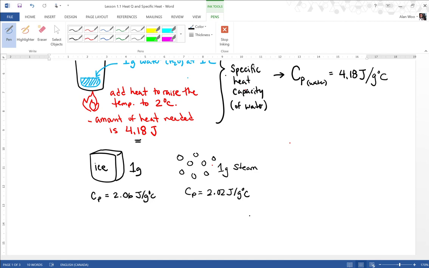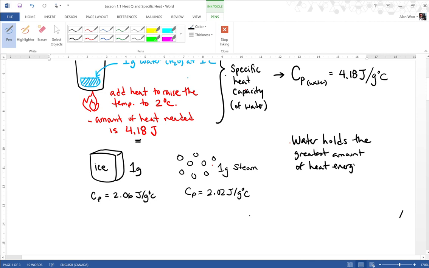So when we look at all three numbers together, we can determine that water holds the greatest amount of heat energy out of the three states.